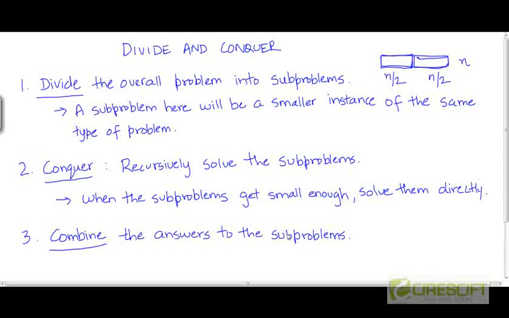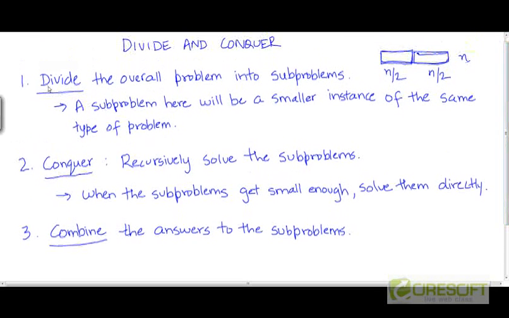In case of merge sort, once we had two sorted subarrays of size n by 2, we saw how to merge the two sorted arrays into the larger sorted array, into a merged array, which was the sorted version of the overall problem. We saw a linear time merge procedure for that. And that was the combine step, where we combine the answers to the subproblems.